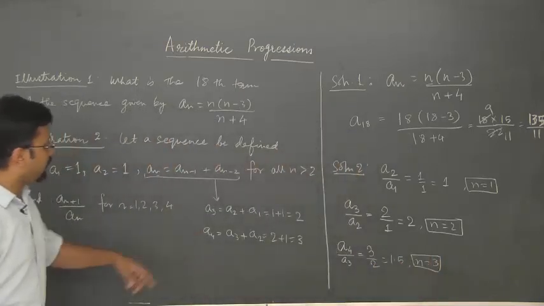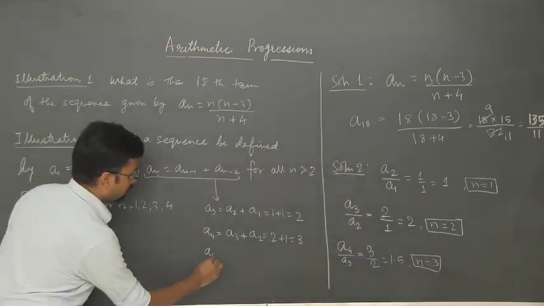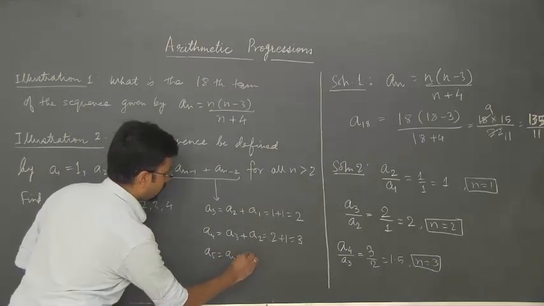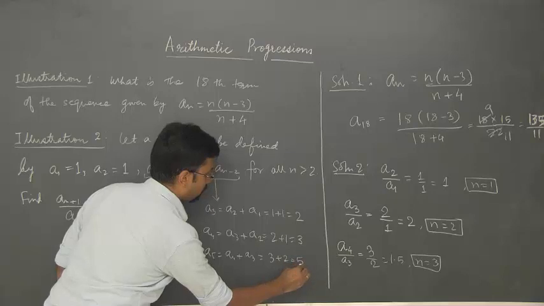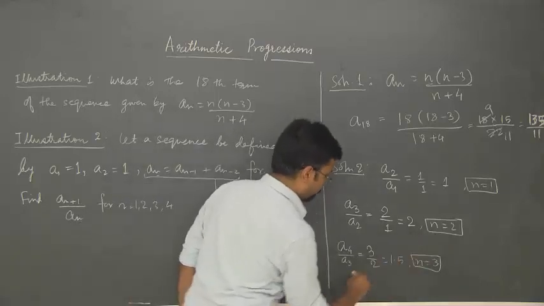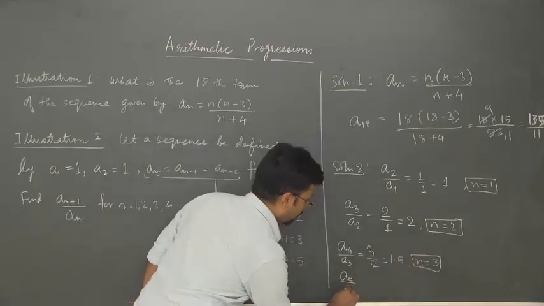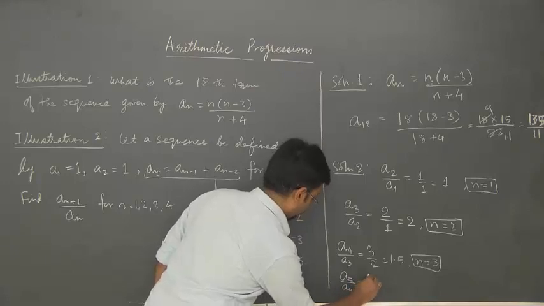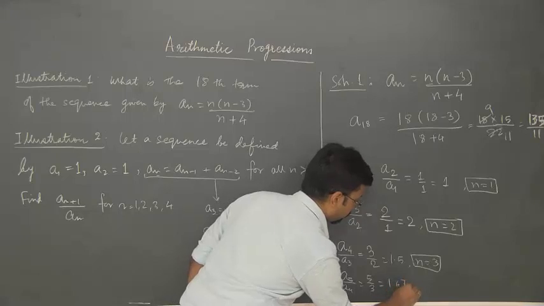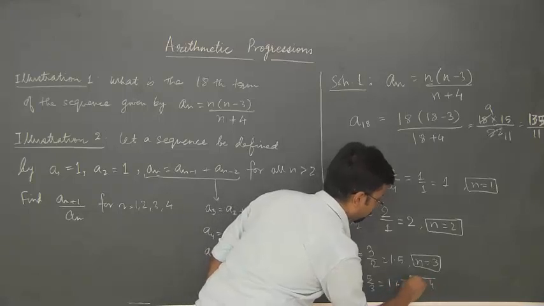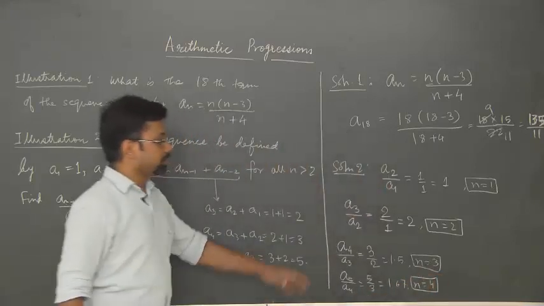Now when we take a5, it will be a4 plus a3, which is equal to 3 plus 2, that's equal to 5. So a5 by a4 will be 5 by 3, that's 1.67 for n equal to 4. This is what we get.